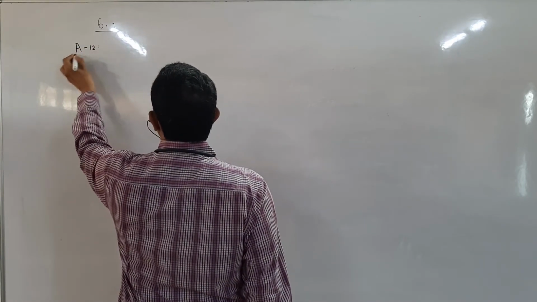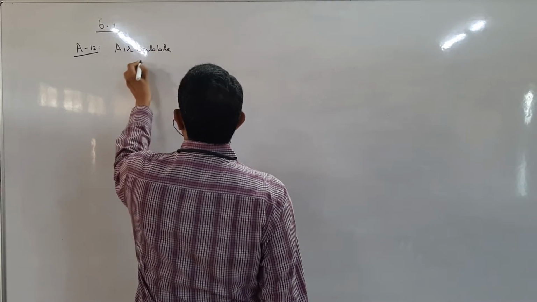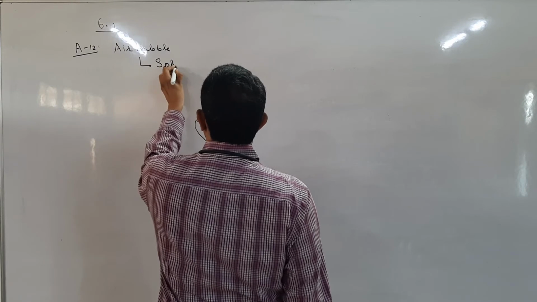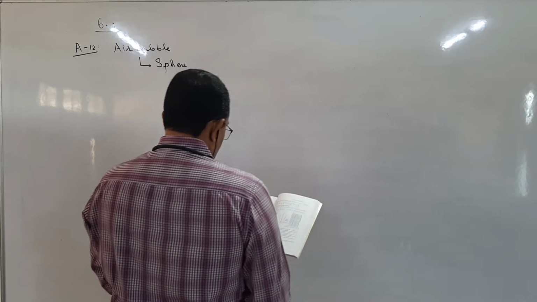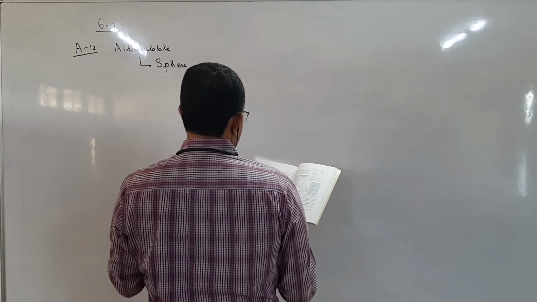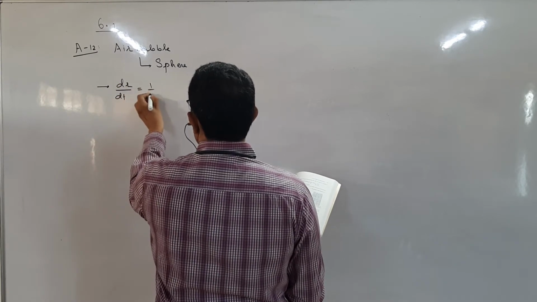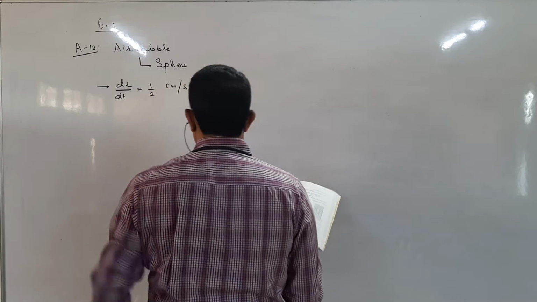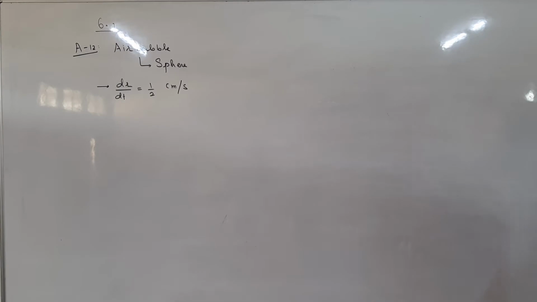Answer 12. An air bubble is always a sphere. The radius of an air bubble is increasing at the rate of half centimeter per second. If r is the radius, dr/dt is 1/2 centimeter per second.